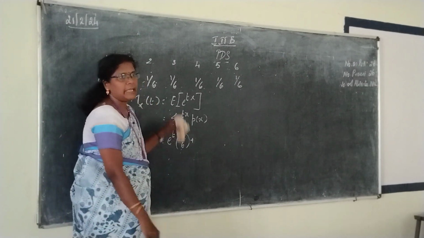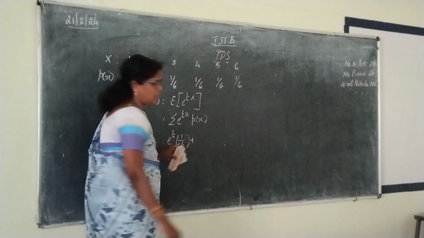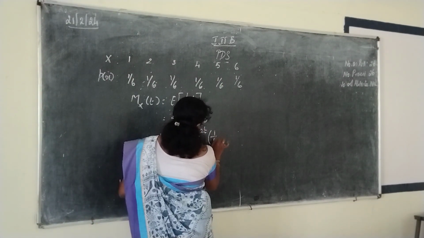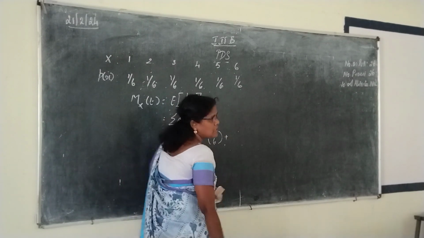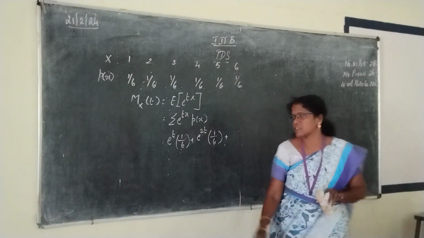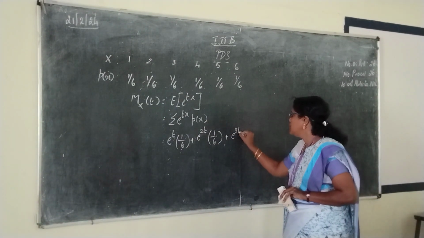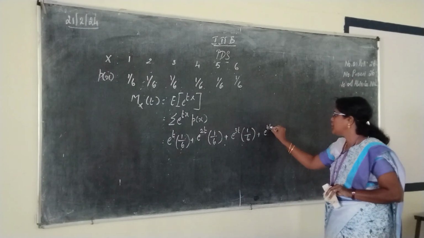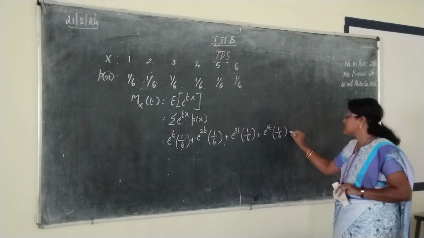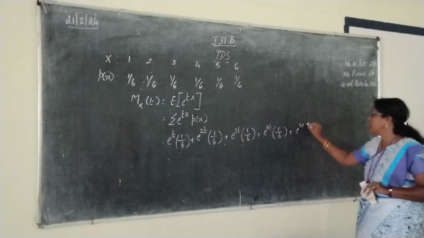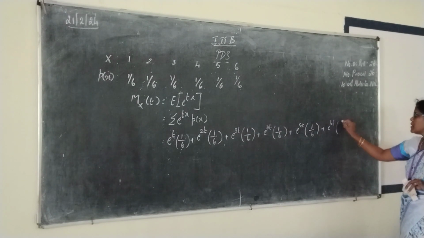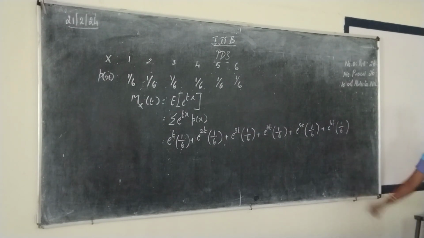Plus next, x equal to 2, so e power 2t into the probability value 1 by 6. Plus next, e power 3t into 1 by 6, e power 4t into 1 by 6, e power 5t into 1 by 6. Can you understand now how to substitute?